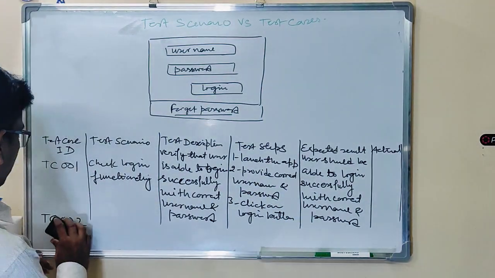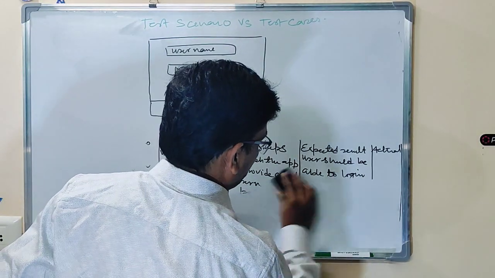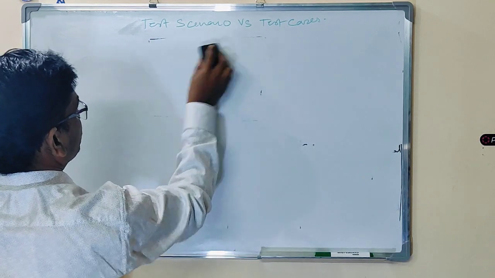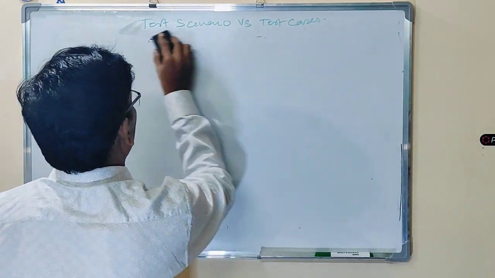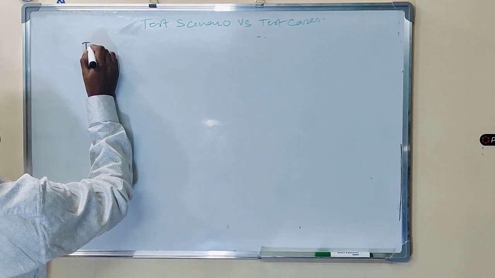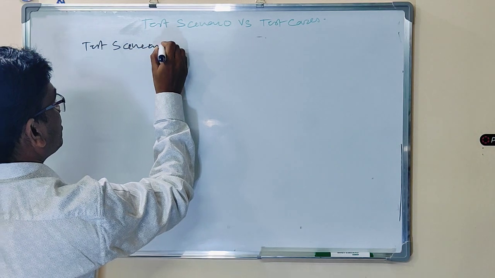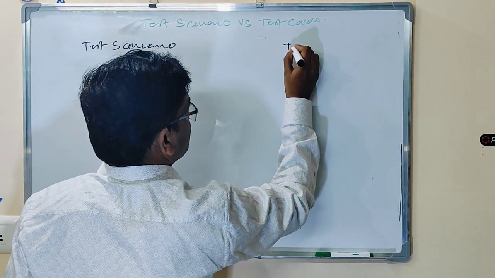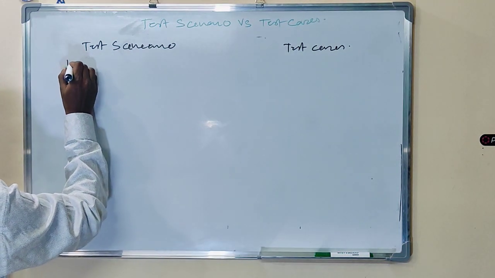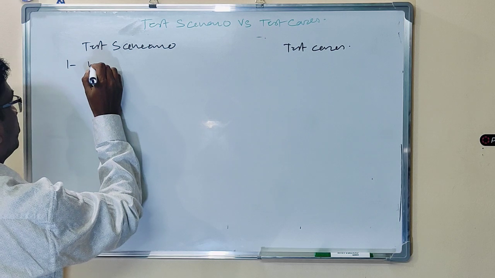Okay. So let's actually see the difference between test scenario and test cases in tabular format. So here I am writing test scenario, and here I am writing test cases. Scenario focuses on what to test.